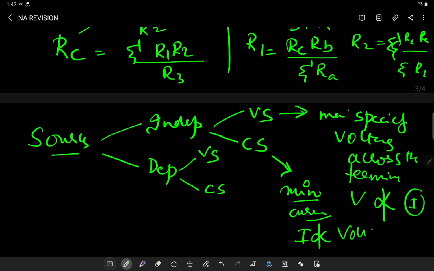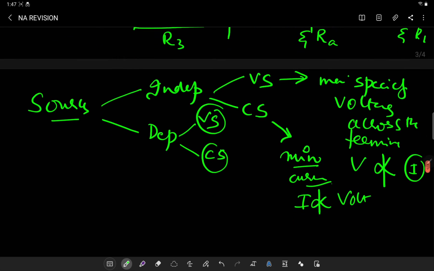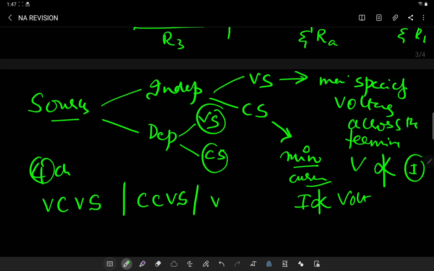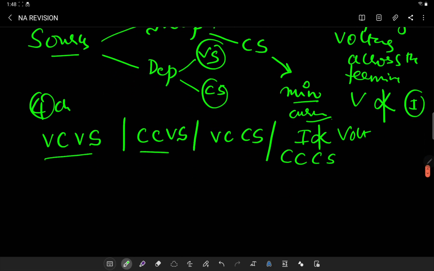Now coming to dependent sources, we have four classifications, which are voltage controlled voltage source, current controlled voltage source, voltage controlled current source, and current controlled current source. So only the names are to be remembered at the level of diploma.